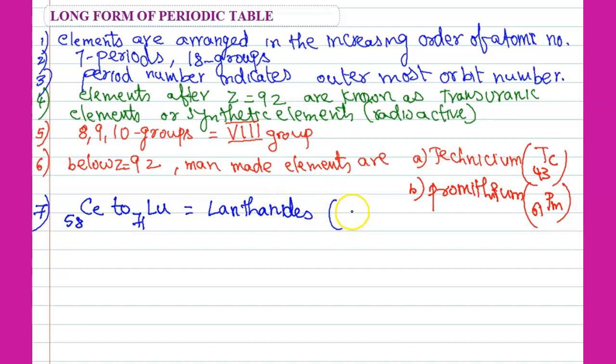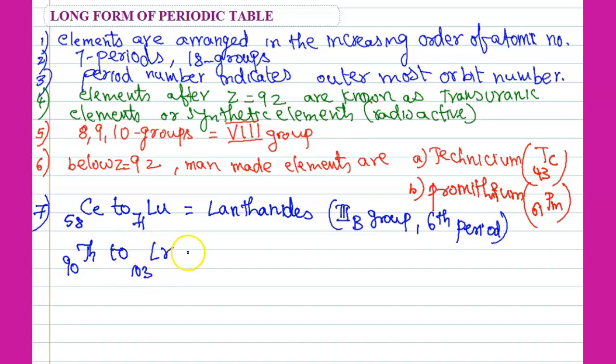So it is third B group, sixth period. Similarly, thorium, atomic number 90, to lawrencium 103 are actinides. So these are third B group, seventh period.